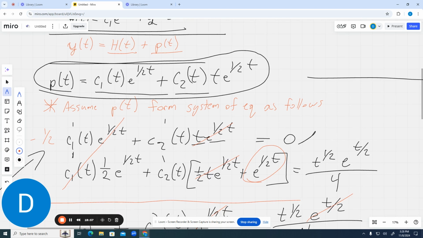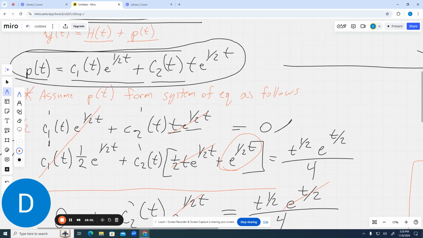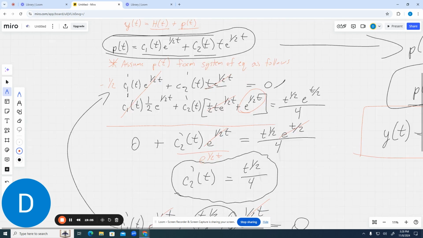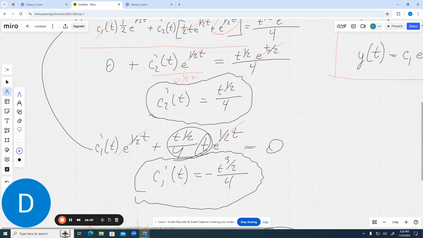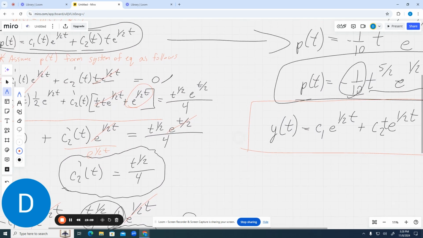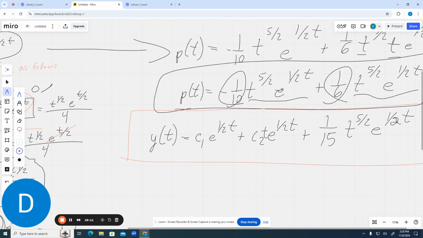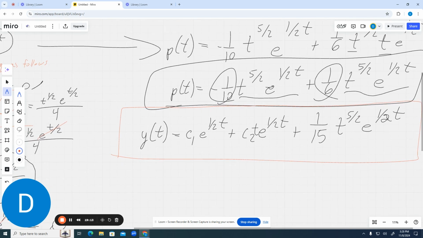And then our last term is equal to our non-homogeneous side. We solve that system. We integrate that system, and then we just plug it into the P of t, and then plug it all in to H of t plus P of t to make our differential equation.